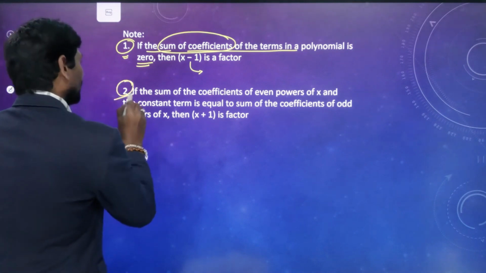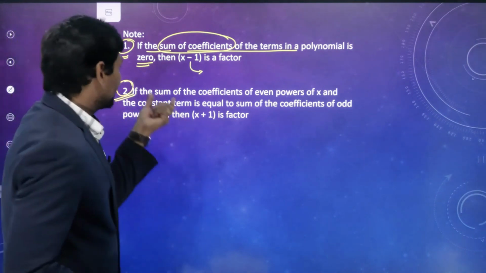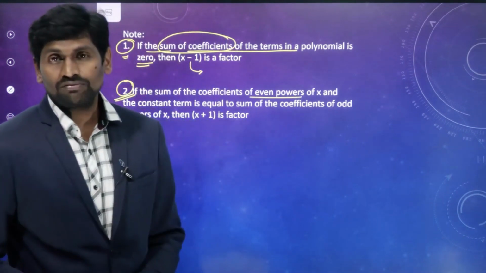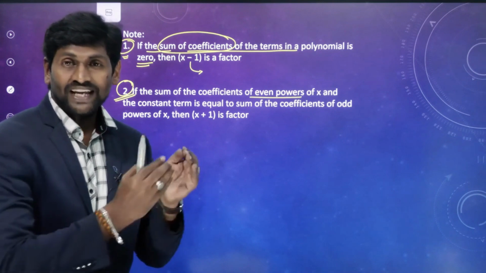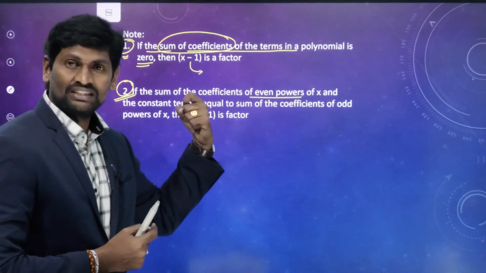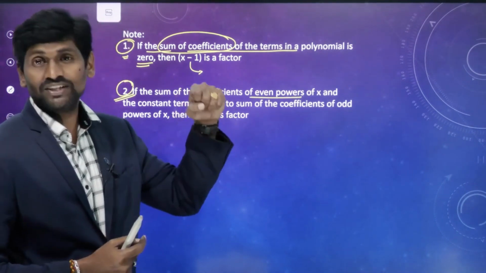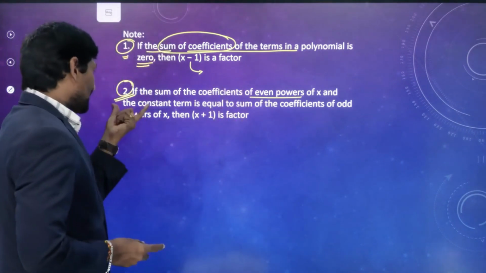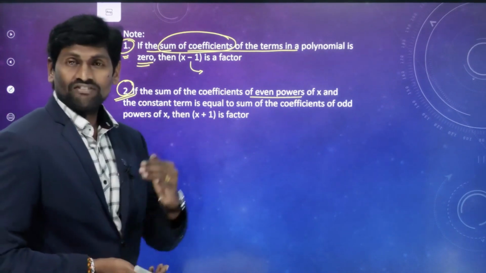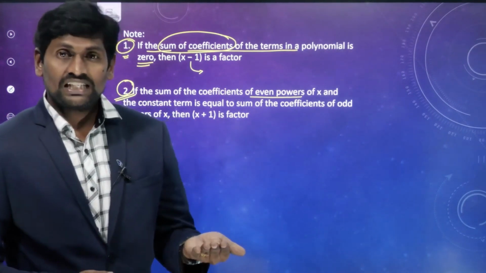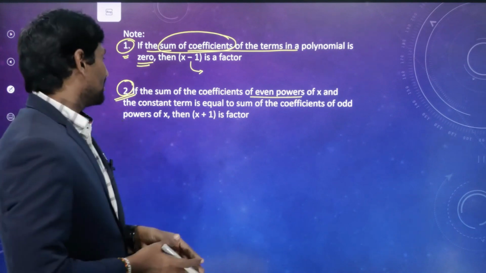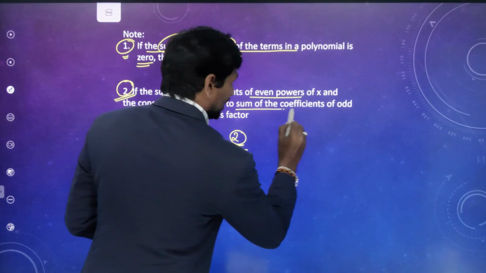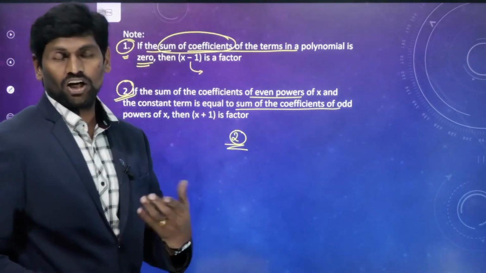Also, we have one more rule, that is the sum of the coefficients of even powers. That means x power 4, x power 6, x power 8. We should check the even powers' coefficients, and their sum together with the constant term should be equal to the sum of the coefficients of odd powers.